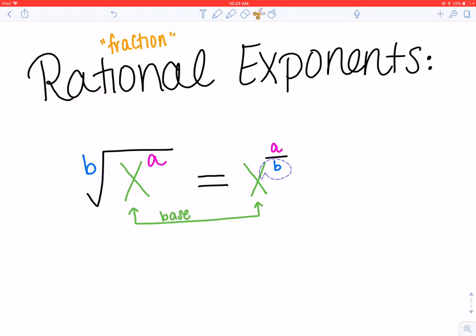So this is the property as to how you can convert back and forth between radicals and exponents. And once we convert it to exponents, then all of my exponential rules apply because it's now an exponent.